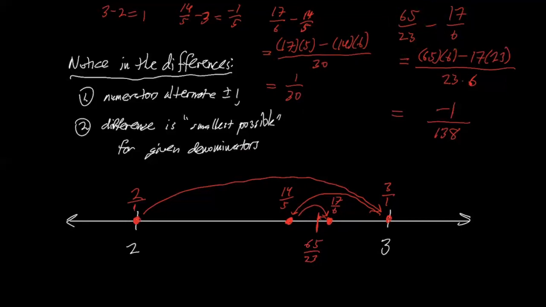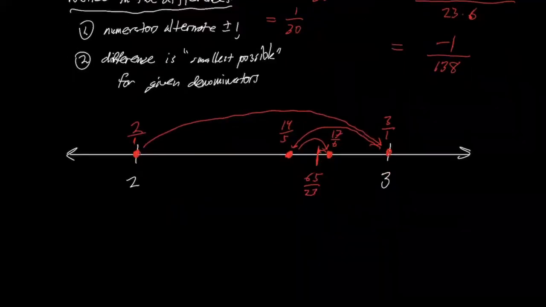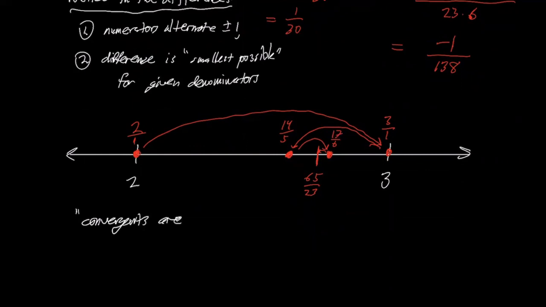And it turns out whenever you do continued fractions, you get this nice bouncing back and forth pattern, and the differences are really small, and it's kind of amazing. In fact, there's a sense, which we'll come back to later in the semester, in which the convergents are the best possible rational approximations.